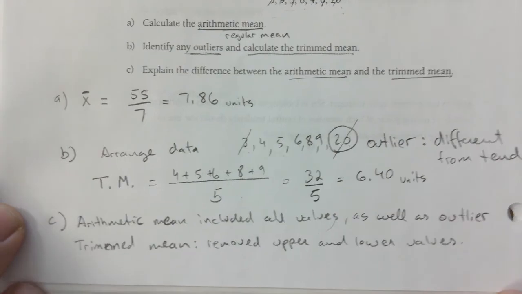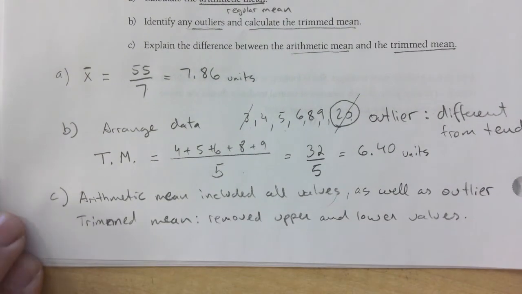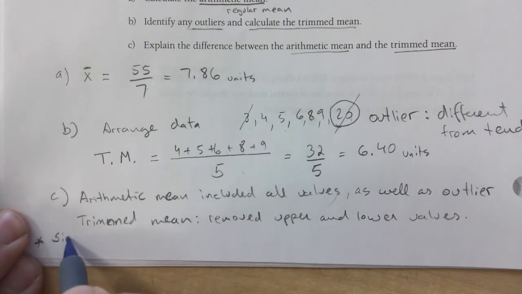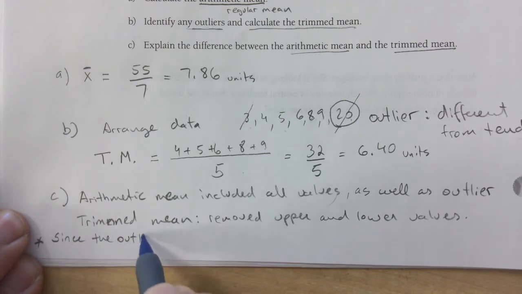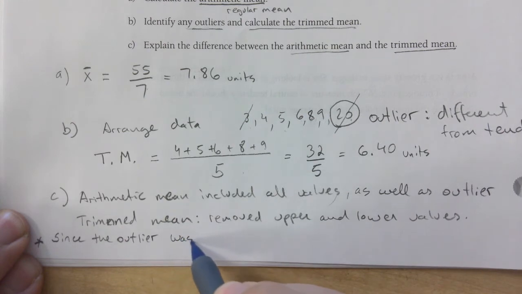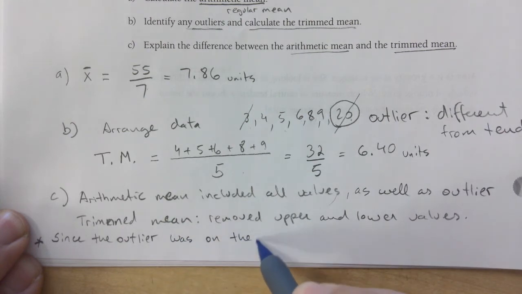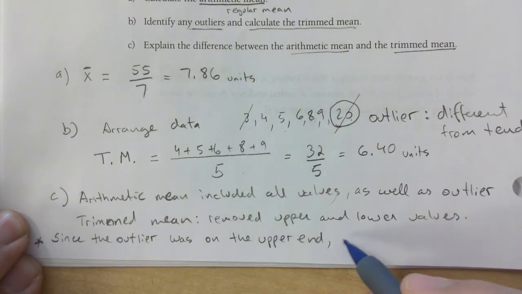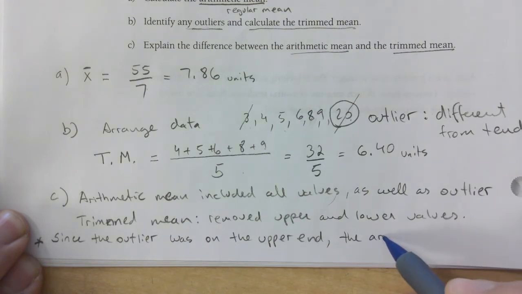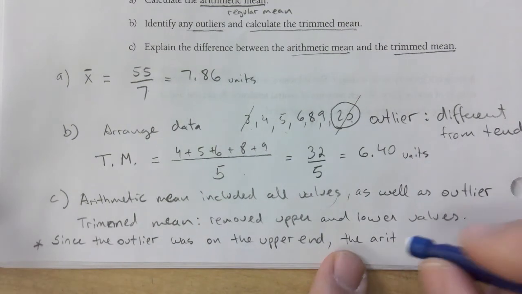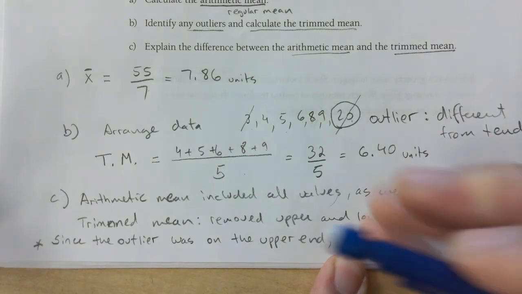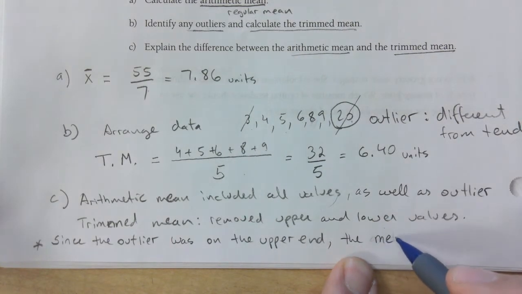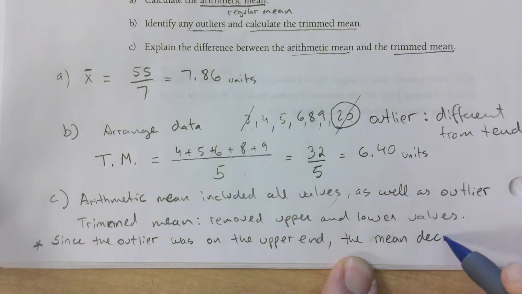And I will make a note here, the bottom of this. Okay. Since the outlier was on the upper end, comma, the mean decreased.